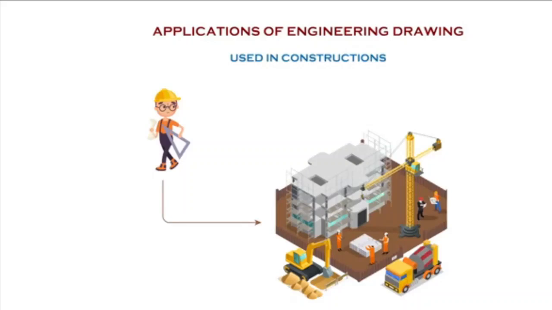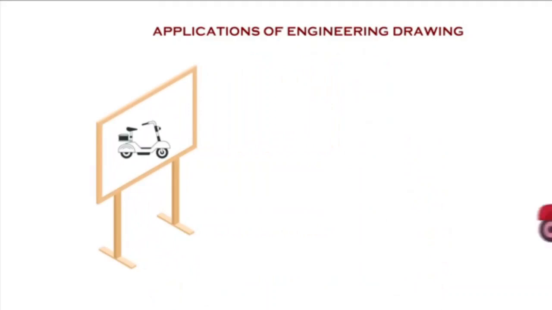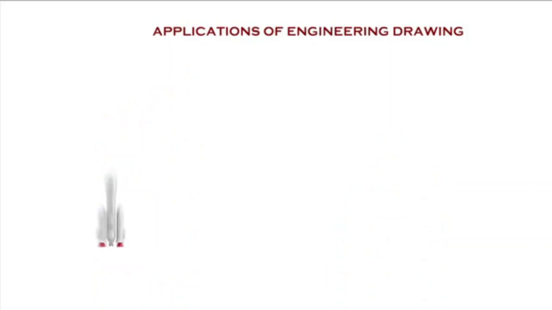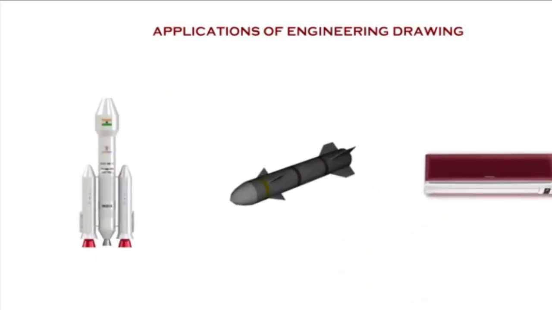Whatever we see is written down or drawn on the drawing sheet. The third application is the construction of rockets, missiles, and ACs.